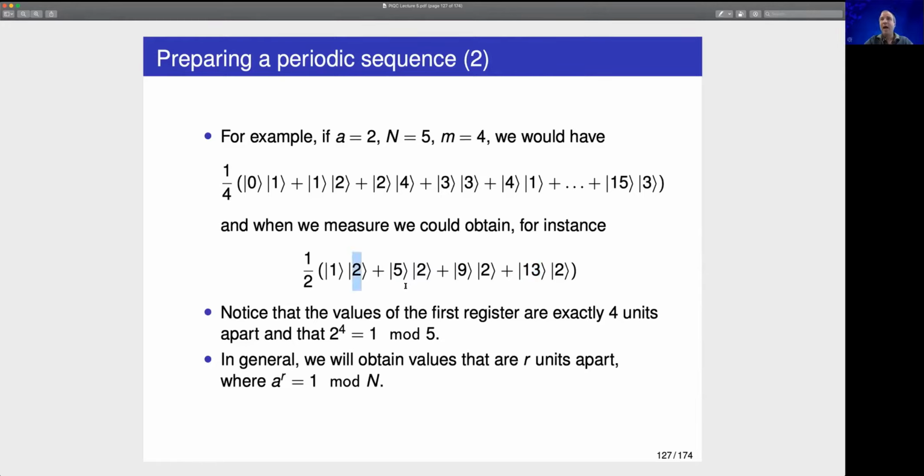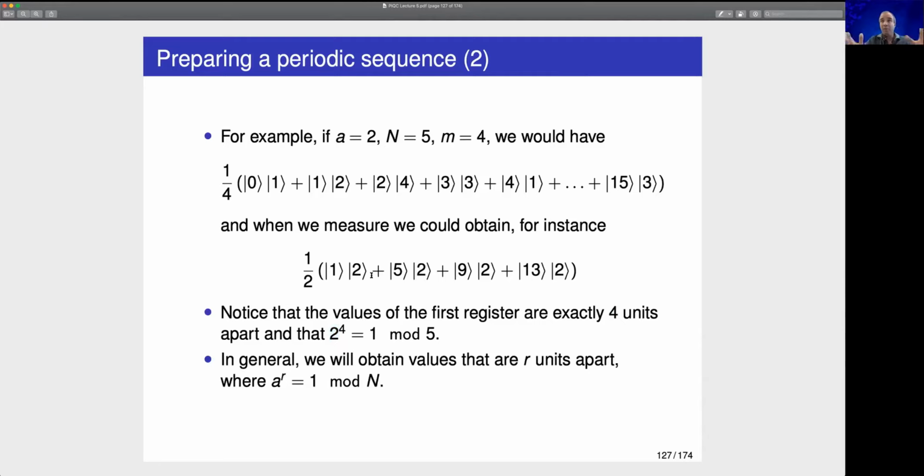And why is this useful? Because here I have 1, 5, 9, 13. The difference between one number and the next one is exactly 4, which is the period. This is what I'm trying to find.